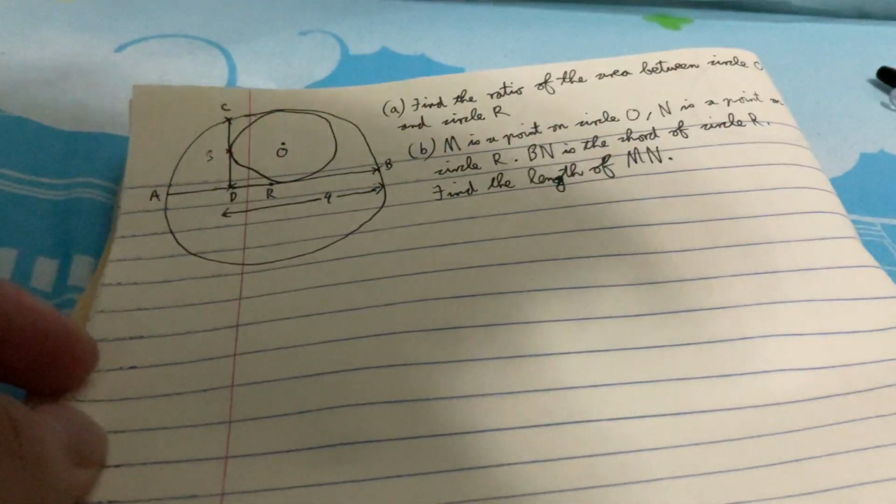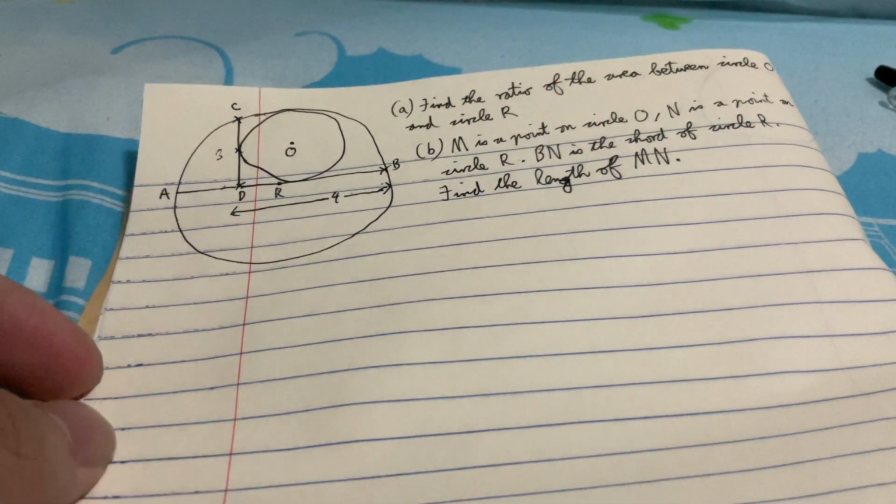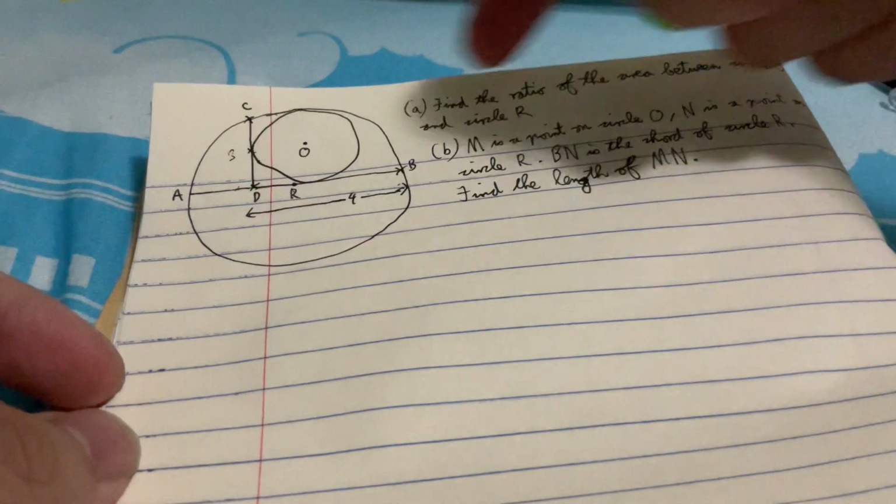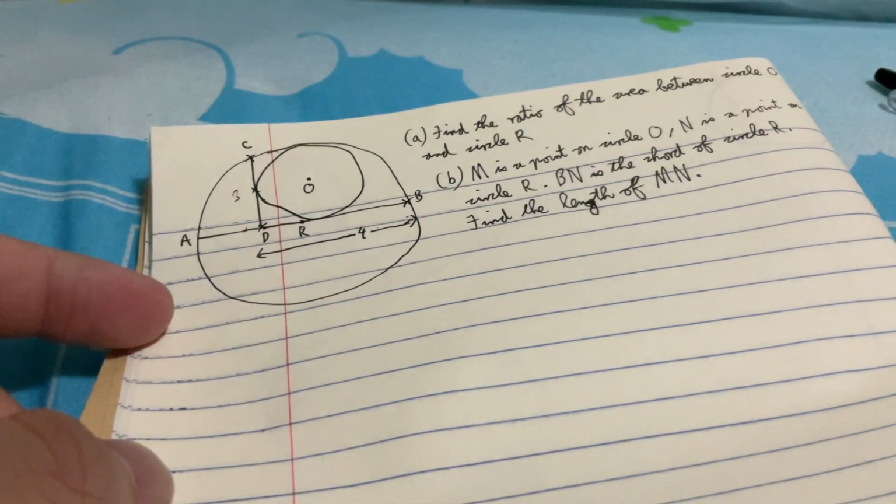Yes, it's difficult. It's really difficult, this geometry question. So we have a small circle and a big circle here.